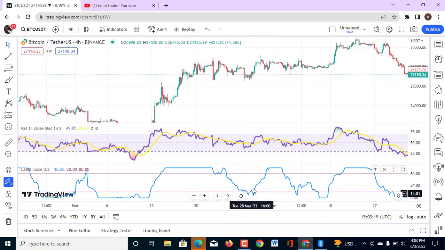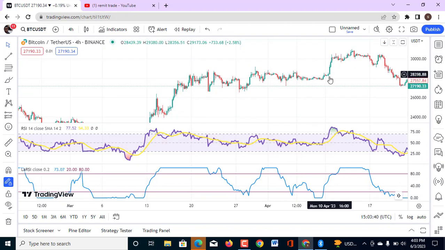Meanwhile, at this very area, you could have taken a buy position, because at this very point the market entered into oversold condition and the market began to move to the upside. That is the exact same thing we see right here. And also at this very point, the market entered into oversold condition, and afterward the market began to move to the upside. Exact same thing we see reflected on the chart at this very area.